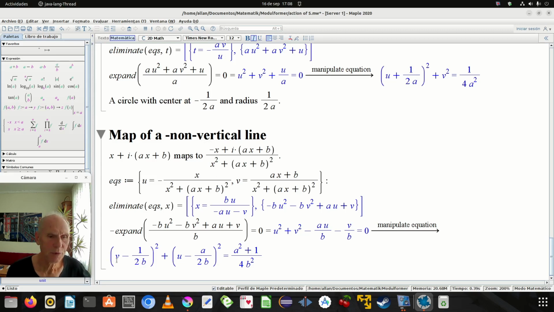We did the same thing and found a center. If A and B are rational, then the center is a rational point, not on the real axis, but the radius of the circle does not often come out rational.